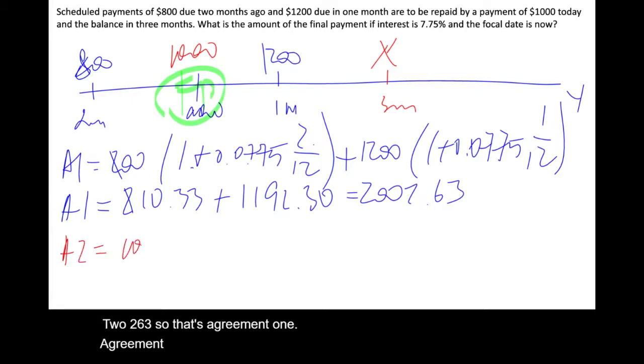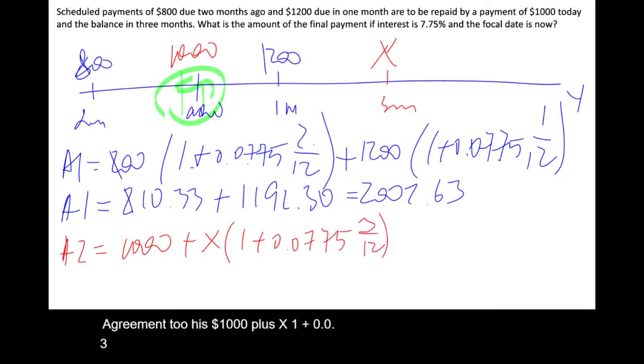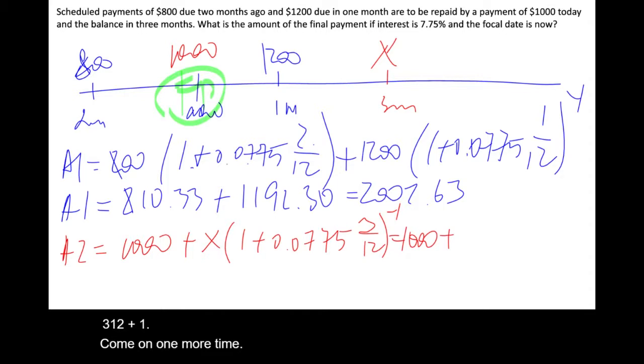Agreement 2 is $1,000 plus X times (1 plus 0.0775, 3 over 12) minus 1. So 1,000 plus 3 over 12 plus 1. Come on. One more time. 0.98, 0.993256x.